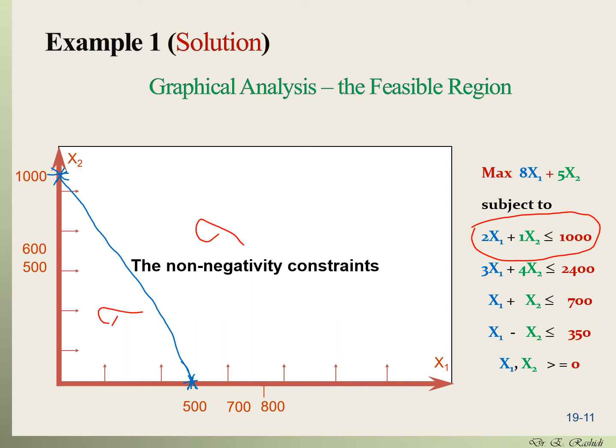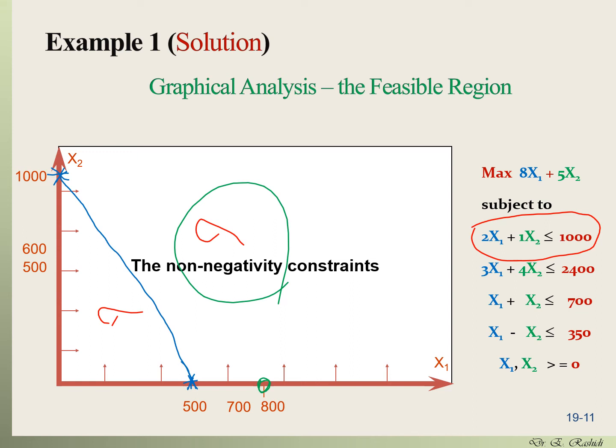A simple way to do this is to find a point on, for example, the right side, and then check whether that point would be feasible for the constraint. I'm going to pick this point, where x1 is 800 and x2 is 0.